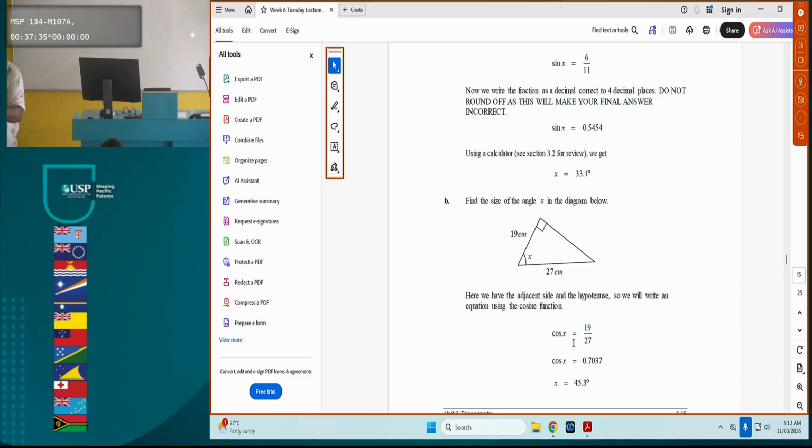In the exam or test, if the number of decimal places is not specified, we always recommend that you give your answer correct to 2 decimal places. So if you use 0.7037, what is this equal to to 2 decimal places? 45.28. But if you use this, you get the same value.